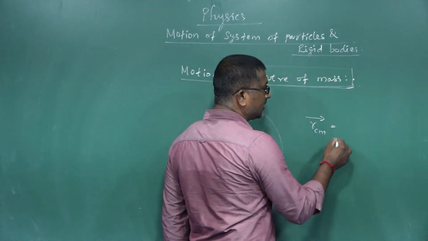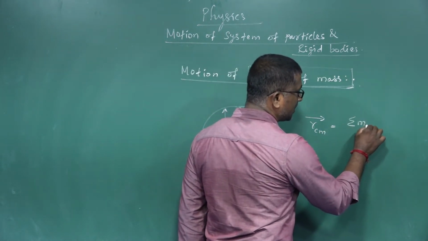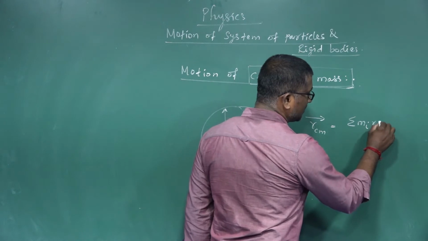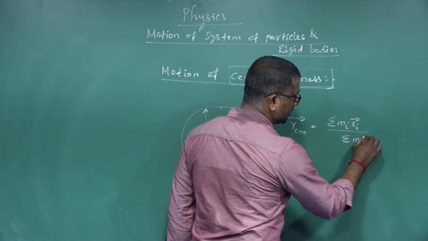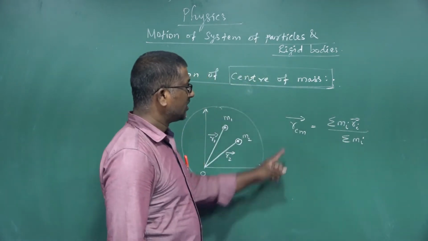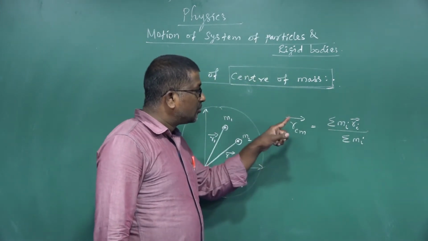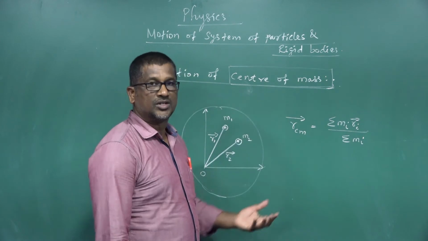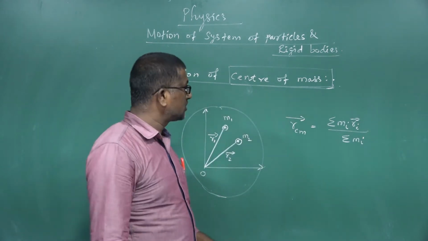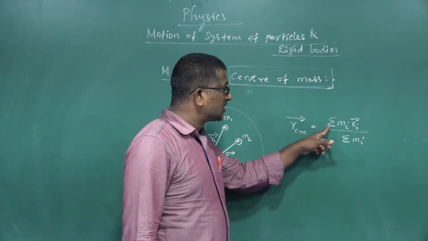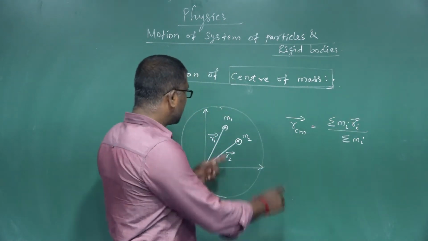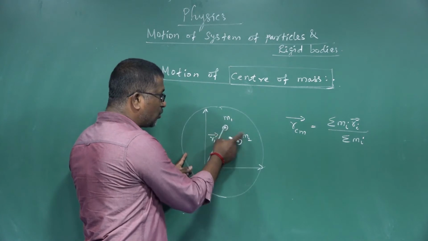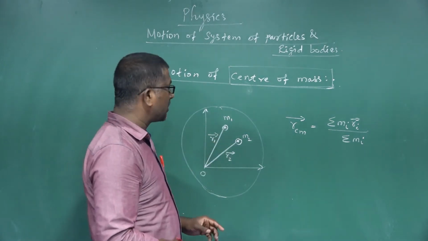It is given by summation m_i r_i vector divided by summation m_i. R_CM vector, the position vector of the center of mass, is given by the formula summation m_i r_i vector divided by summation m_i. But here this system contains only two particles.